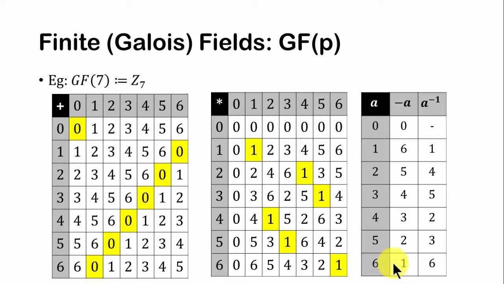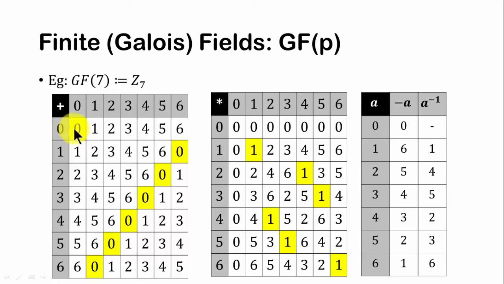Now, if you check the Galois field of 7, you will find that the modular tables of the Z7 domain over the operations plus and multiplication will be the same. GF(7) says that 0 plus 0 equals 0, 0 plus 1 equals 1, and so on and so forth.